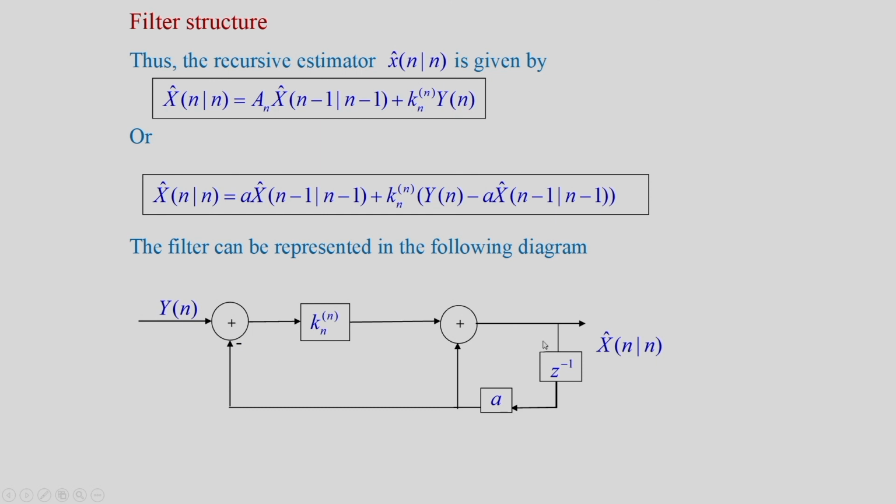The filter output will be delayed and multiplied by A, and then this will be subtracted from yn, and that will be scaled by k_{n,n}, and then added to the delayed version of the past estimator, that is x at n minus 1 given n minus 1 multiplied by A. These two will be added and then we will get the current estimation. So, this is the filter structure for the scalar Kalman filter.